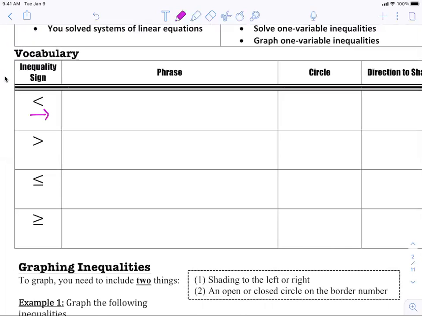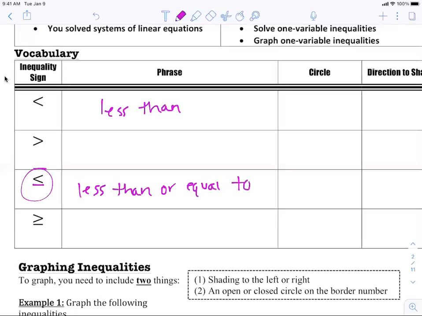Since it's facing this way, this one is our less than symbol. And the one with the little bar underneath is basically a less than, but it also means or equal. It's a less than or equal to.